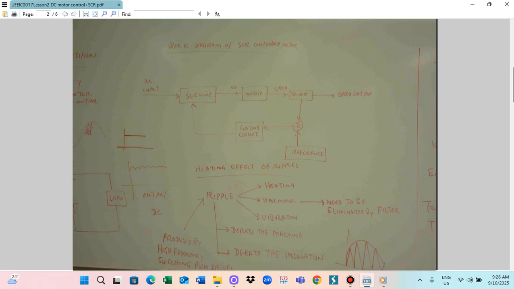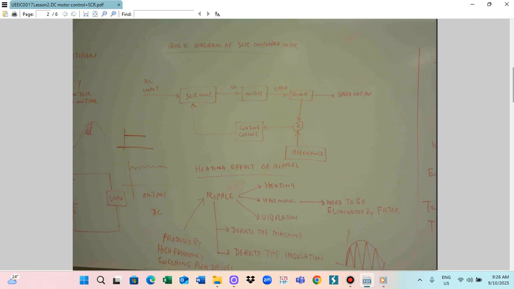The SCR unit's output voltage V0 is fed to the motor. The motor is running and produces the speed. This speed is sensed by the sensor, which gives the speed output.